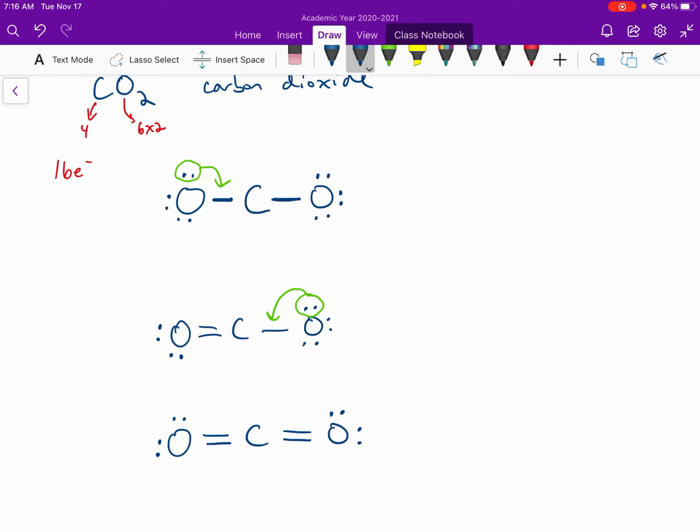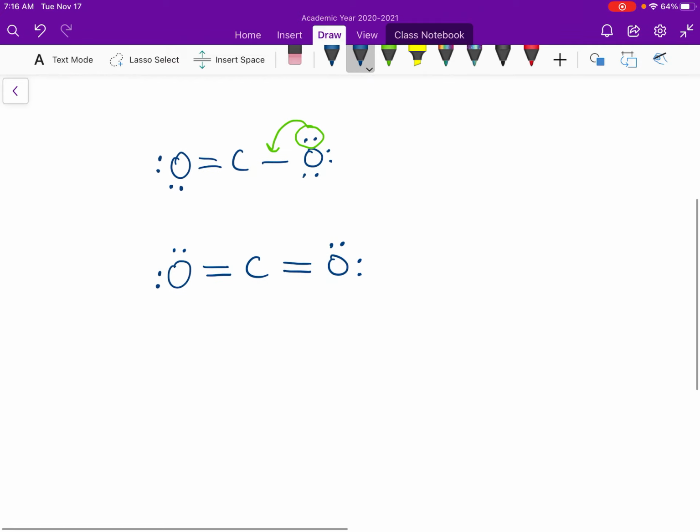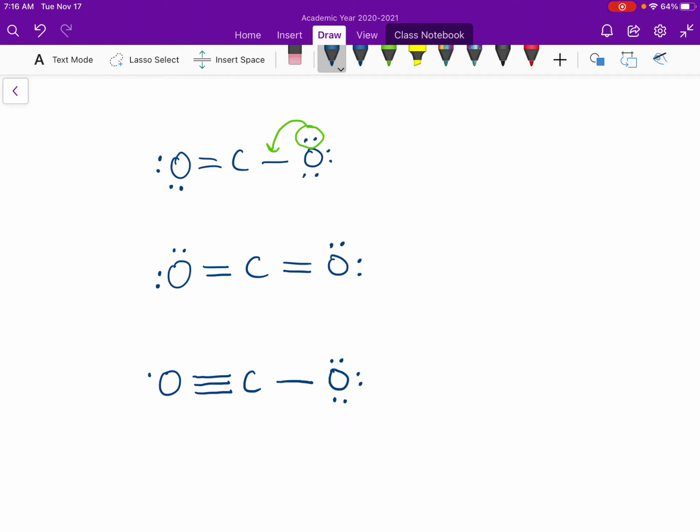However, some of you may have ended up, instead of sharing that second bond on the right side, sharing more on the one side and just having a triple bond. Sorry, the landscapers are driving by.